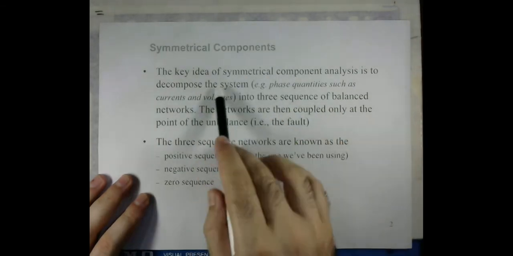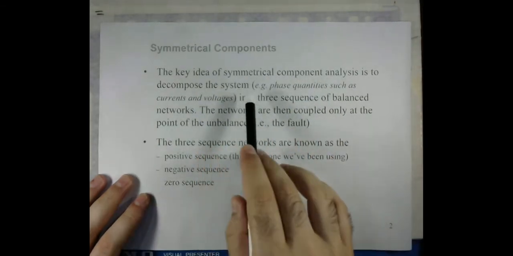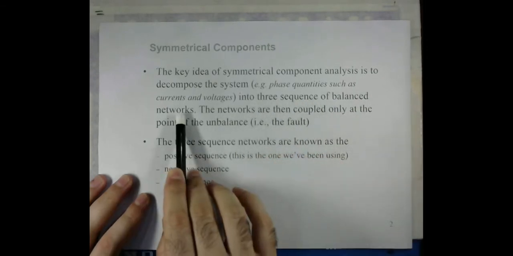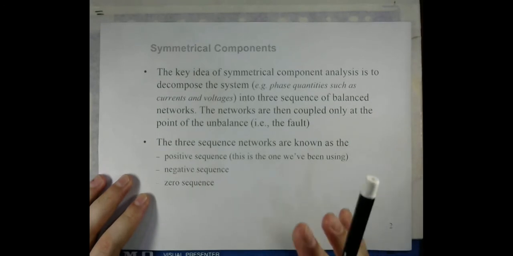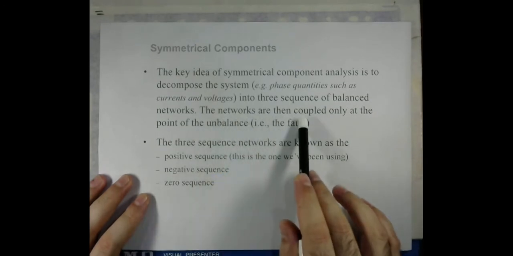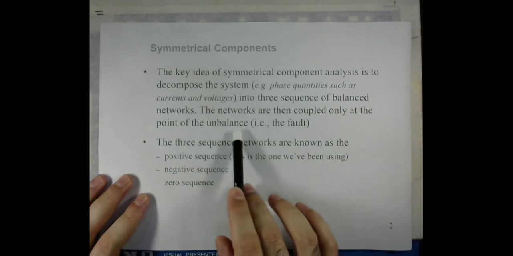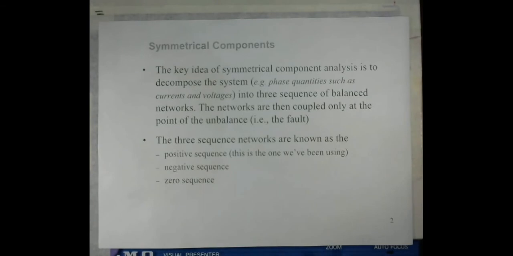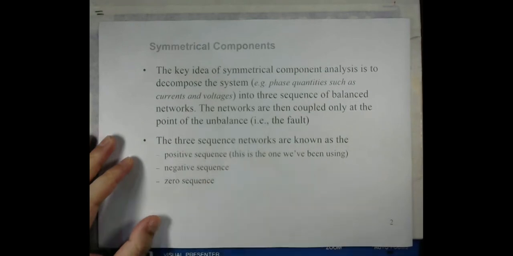But anyhow, the phase quantities are decomposed into three sequences of balanced networks. We will have three sets of balanced quantities. The networks are then coupled only at the point of unbalance. Those networks will be solved separately, and then they are combined to get the result at the point of unbalance, that is the fault point.